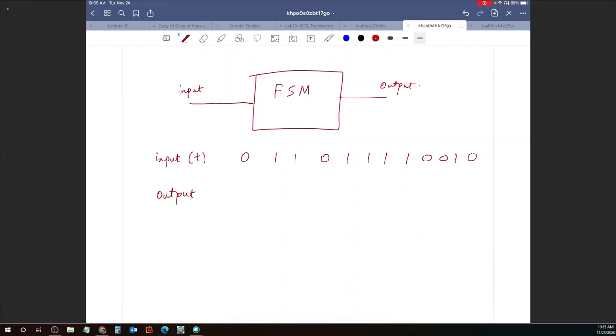Well, the output, you can start off as a 0. The moment you see a 0 first, your output is 0 because no consecutive ones. After you see the first one, your output is still 0 because no consecutive ones. But after you see this one, your output goes to 1, because you said 2 or more consecutive ones assert the output. And then the chain is broken. 1 consecutive one, 2 consecutive ones.